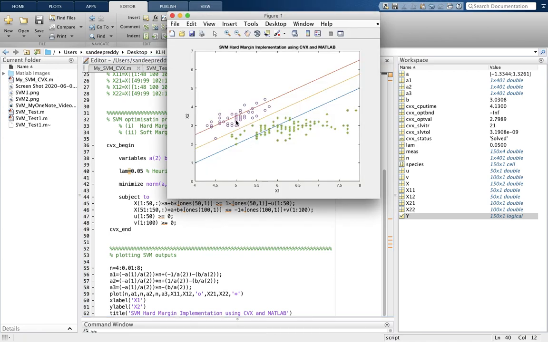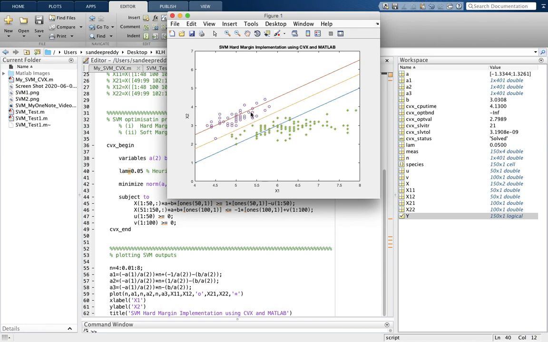As you can see, as the lambda value is lower, more erroneous points came outside the boundaries. This is for lambda equal to 0.05, whereas for lambda equal to 0.5, you do not have too many points which fall in the erroneous region.